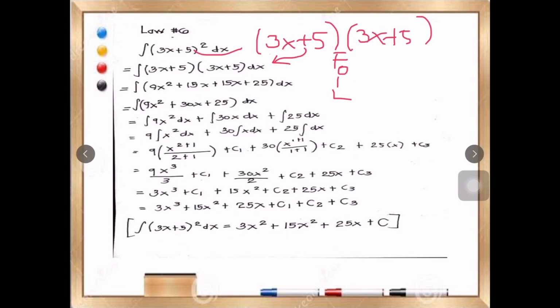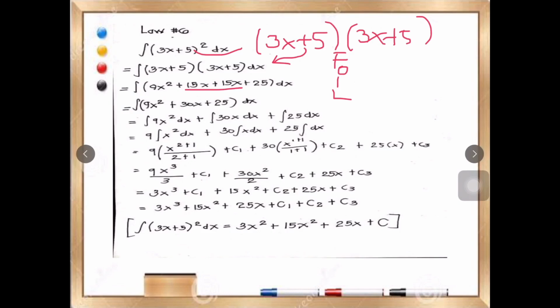Outer, 3x times 5, 15x. Inner, 5 times 3x, 15x. Plus, last, 5 times 5, 25 dx. Then, simplifying, 9x squared, 15, since parehas sila, 15x plus 15x is equals to 30x plus 25 dx.